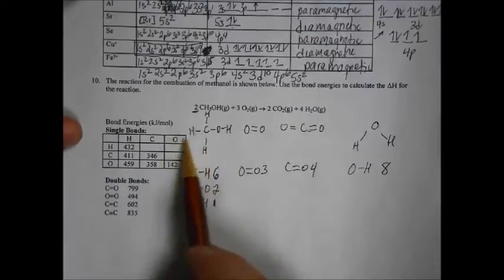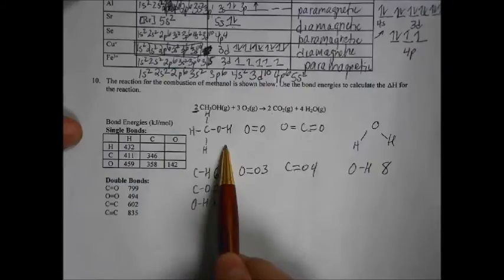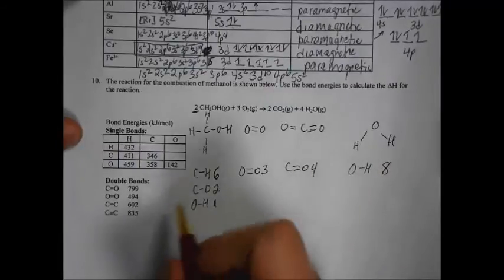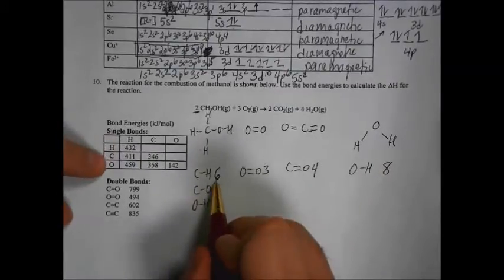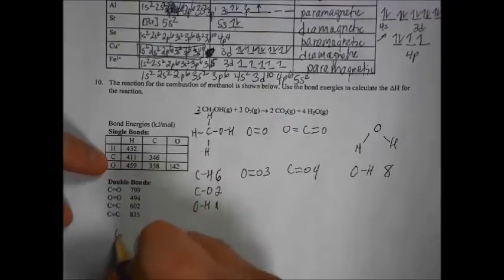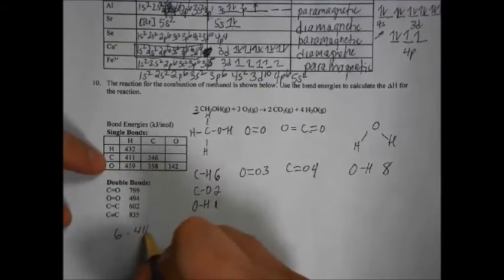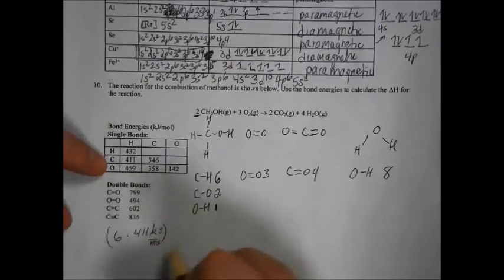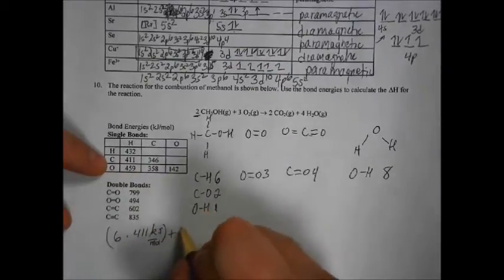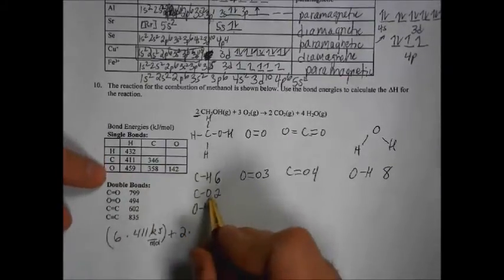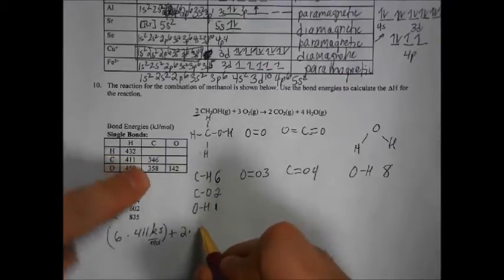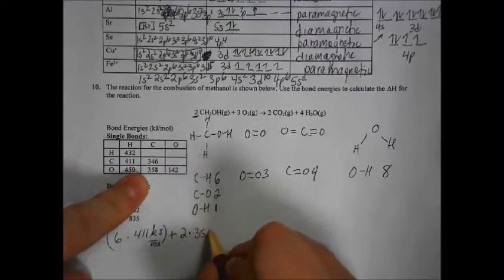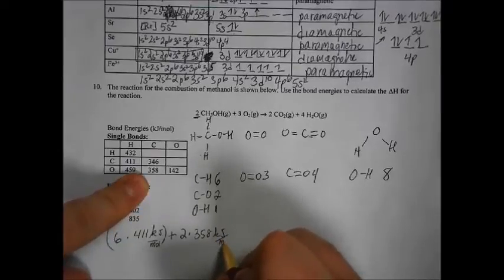We're going to sum up all of the bond energies on the reactant side, and then subtract that from all of the bond energies on the product side. So for a CH bond, it's going to be 6 times 411 kilojoules per mole. We're going to add to that 2 times our CO bond, which is 358 kilojoules per mole.